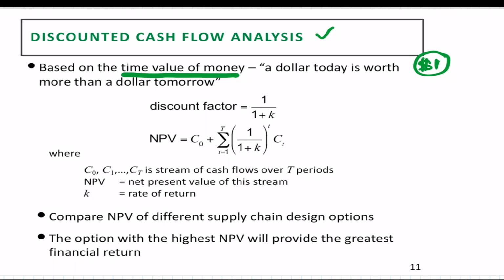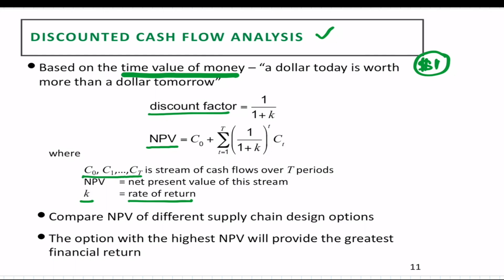So to do the calculations, we make use of a discount factor, which is given by 1 divided by 1 plus k, where k is the rate of return. So for example, it could be 10% or 20% depending on the investment. And then we can calculate what is called net present value, where C0, C1 up to Ct is the stream of cash flows over T time periods.